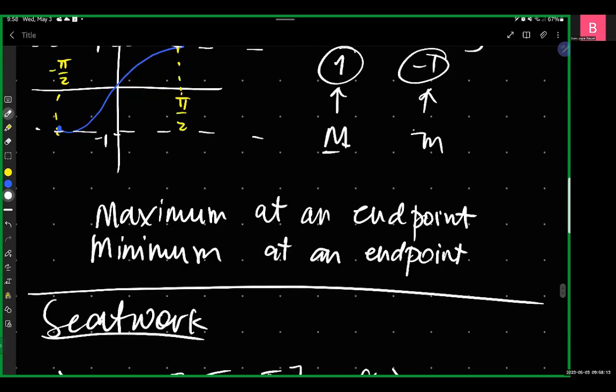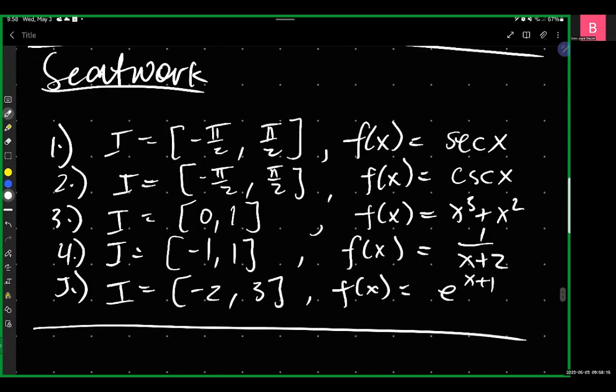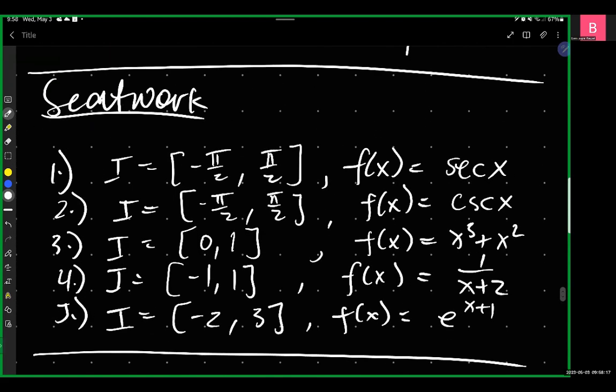For the seat work, the deadline is today, 8 p.m. Okay?